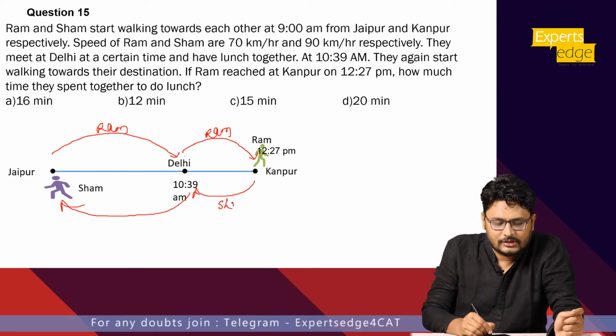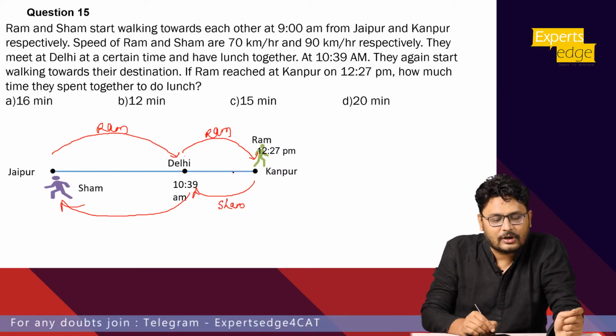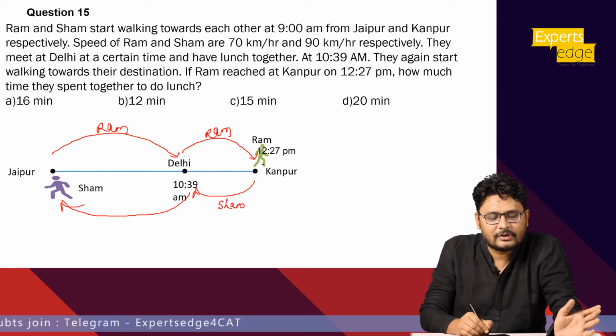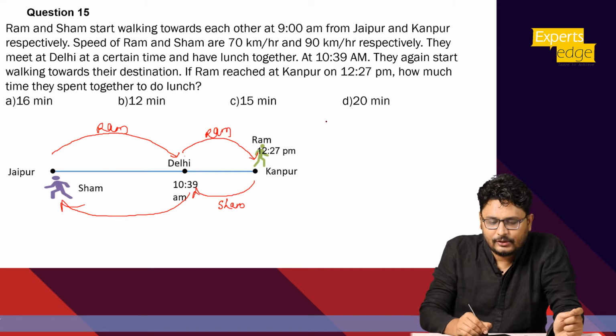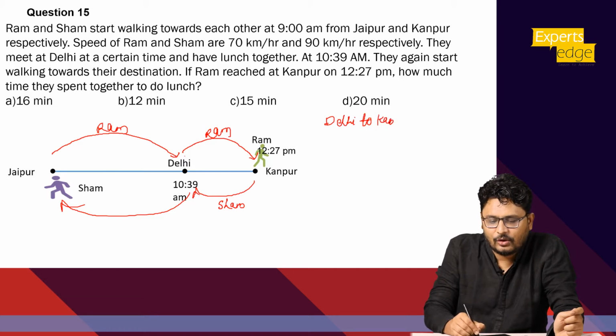So this particular distance, Delhi to Kanpur, is traveled by both of them, Ram as well as Sham. Okay? Now see the application of distance constant. I'll make this Delhi to Kanpur distance constant.